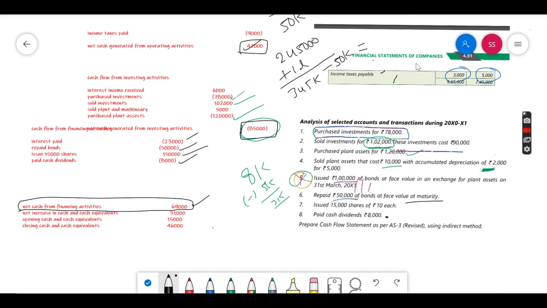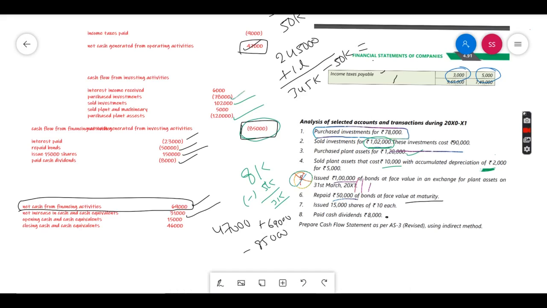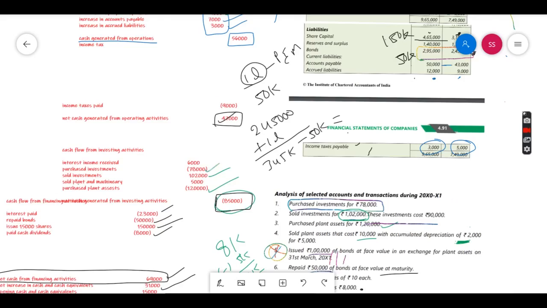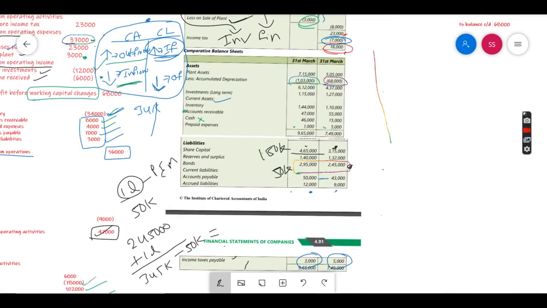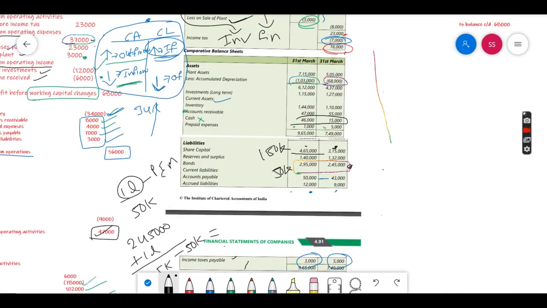So 47,000 plus 69,000 minus 85,000, if you do that, you will get the net increase in cash and cash equivalents of 31,000. Then the opening cash and cash equivalents is 15,000. So 31,000 plus 15,000, you'll get 46,000, right?